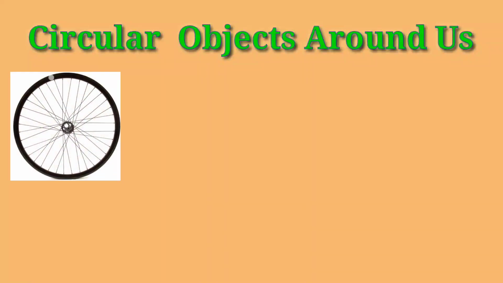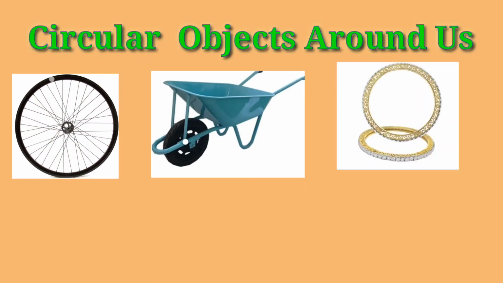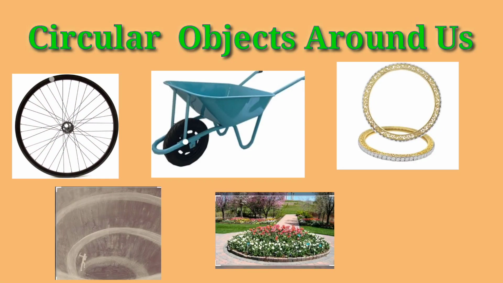Many objects that we come across in our daily life are related to circular shapes in some form or the other. Example, wheels, wheelbarrow, bangles, circular paths, circular flower beds, etc. So, the problem of finding perimeters and area related to circular figures is of great practical importance.